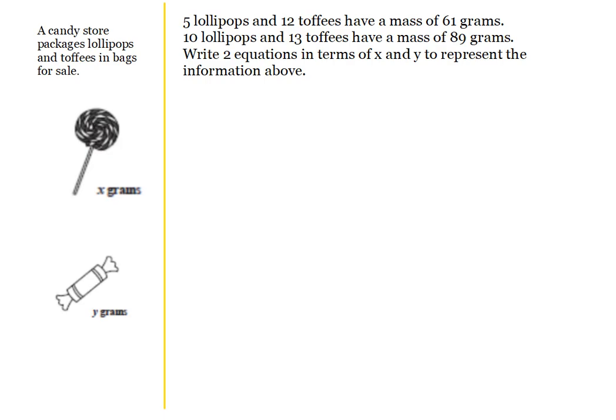Whatever the reason, that's the one scenario. They put 5 lollipops and 12 toffees together. Its mass is 61 grams. And then in another case, they put together 10 lollipops and 13 toffees, and that had a mass of 89 grams. We want to write two equations in terms of x and y to represent the information above.